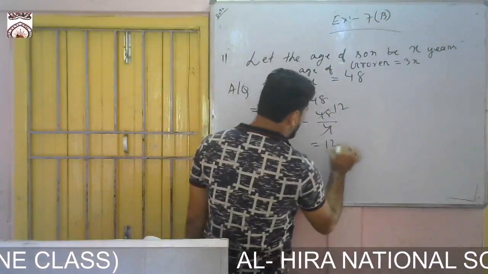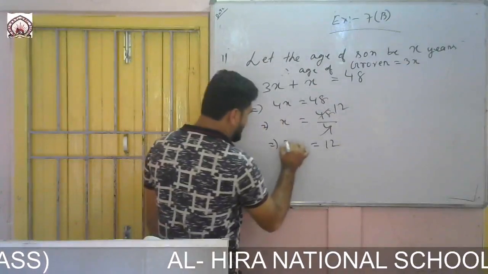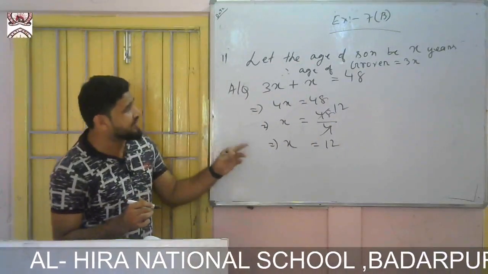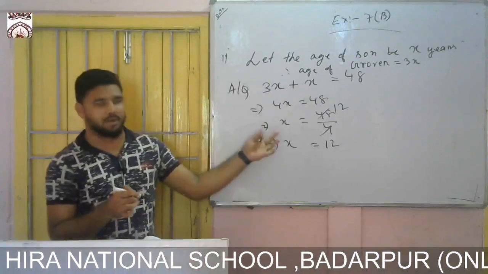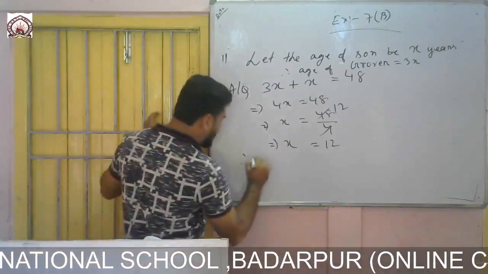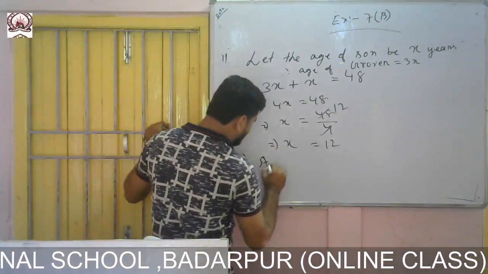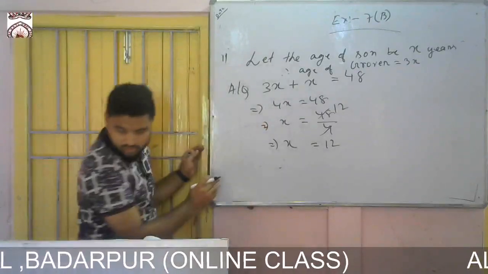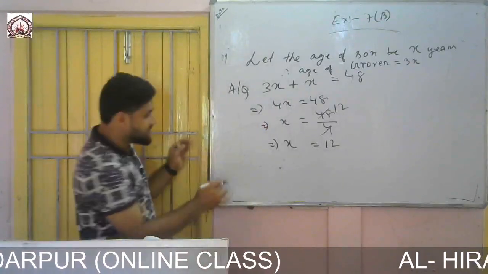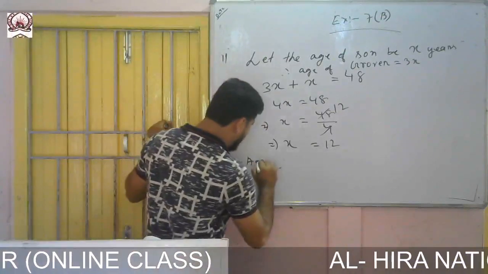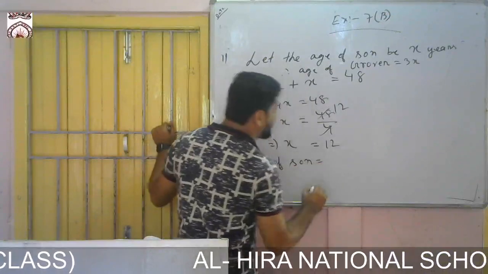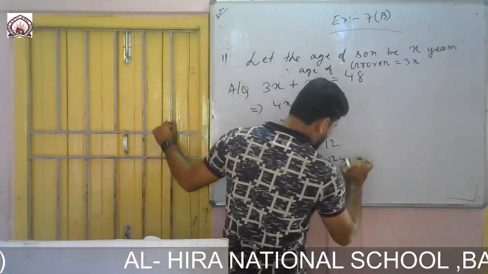It is 12. So X equals 12. Now the age of son will be 12 and the age of father will be 3 times 12. Therefore age of son equals 12 years.